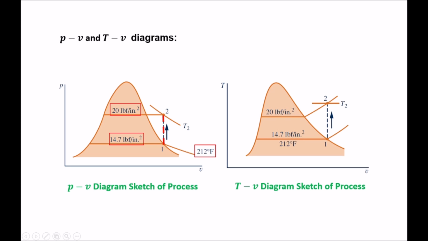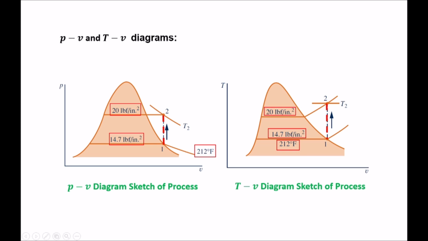Now, let's represent the process on the TV diagram as shown on the right. State 1, as saturated vapor, is also on the right edge of the vapor dome. As mentioned before, for the given temperature, the saturation pressure from the saturation table for water is 14.7 pounds force per square inch.